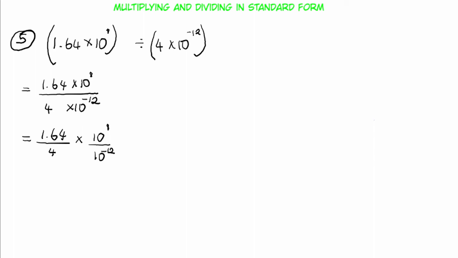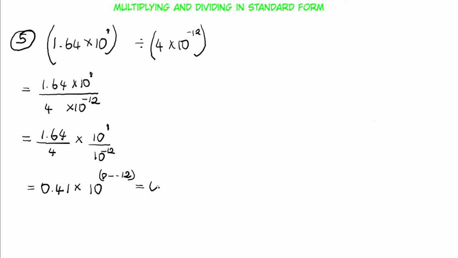1.64 divided by 4 would give us 0.41. Put back our multiplication sign, and we know that this would be 10 raised to the 8th power minus negative 12. Let's see what we have.